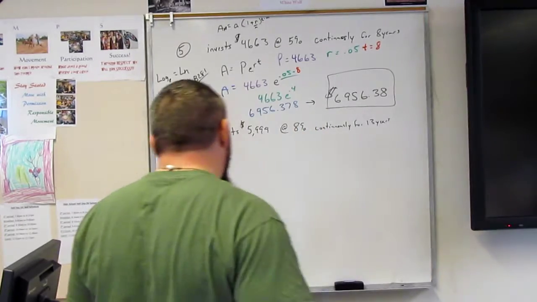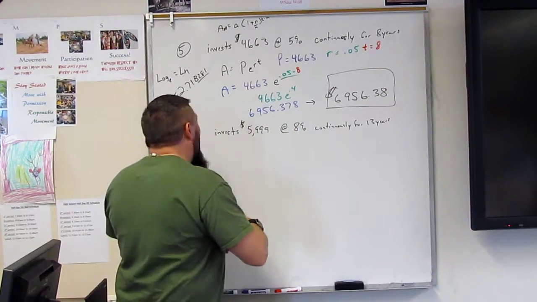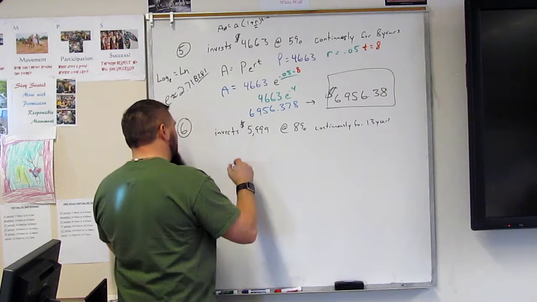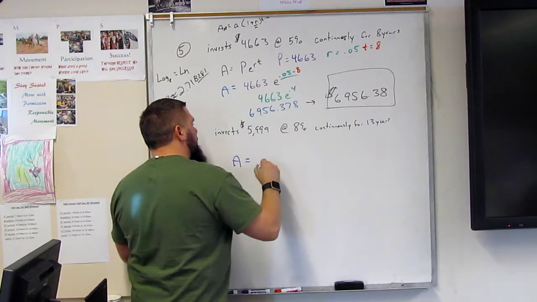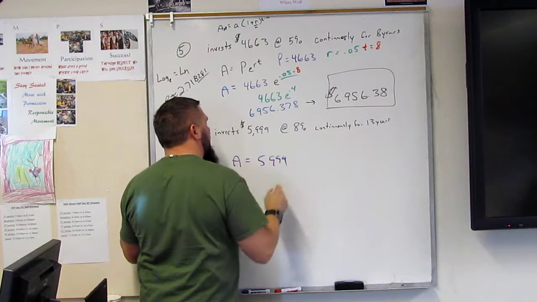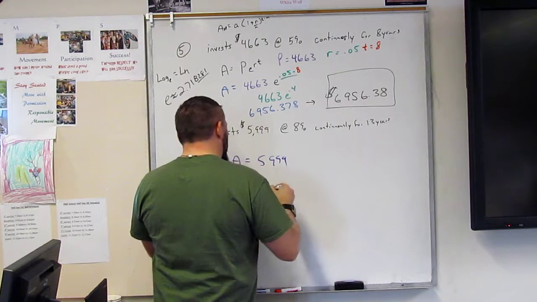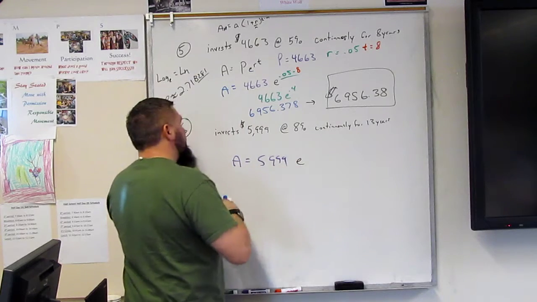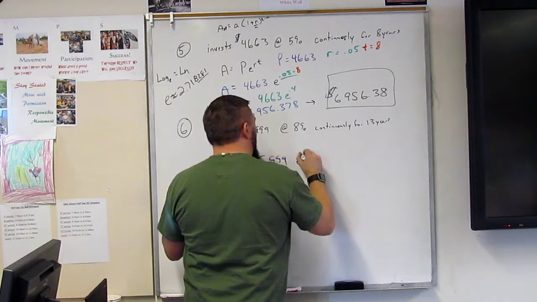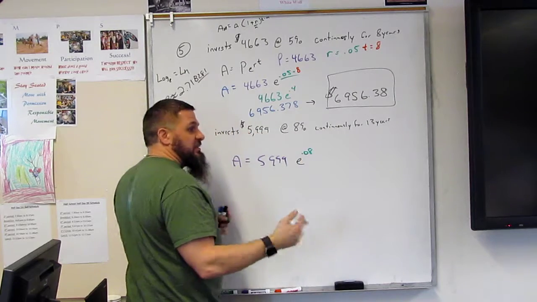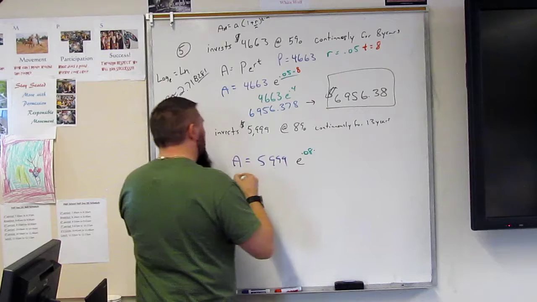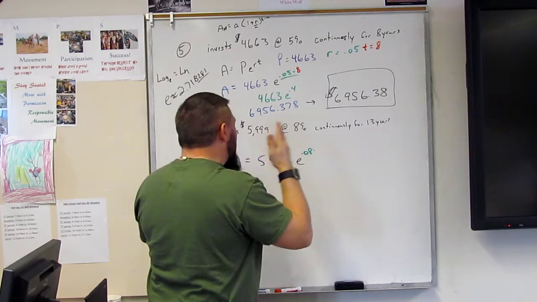Okay, so the next one, now that we know the formula, it's pretty simple. A is equal to $5,999 times e raised to the 0.08 for the 8%, times the time.